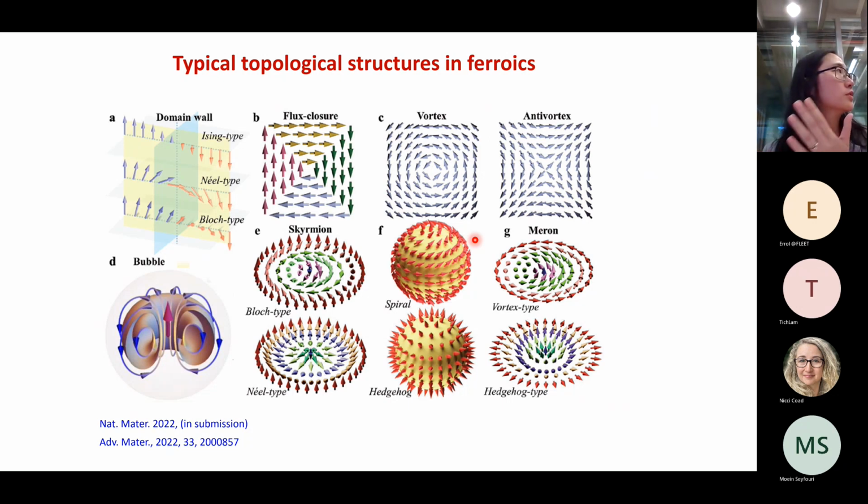The conventional ones show the 180-degree domain structures, up or down, and 90-degree domain structures, and these ones show these topological structures, which could have some novel functions.